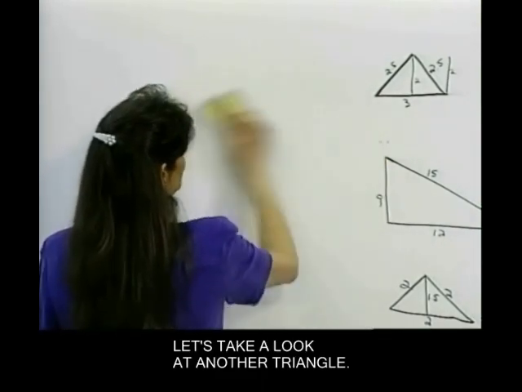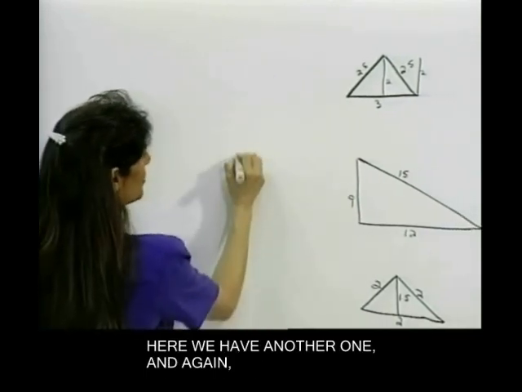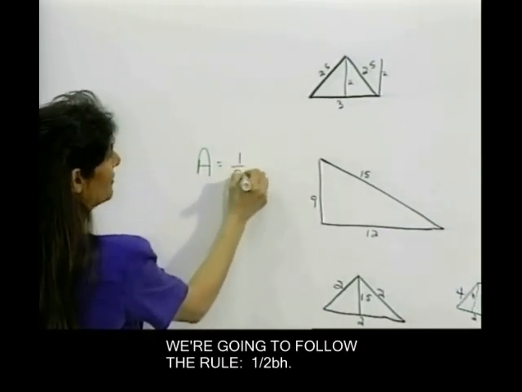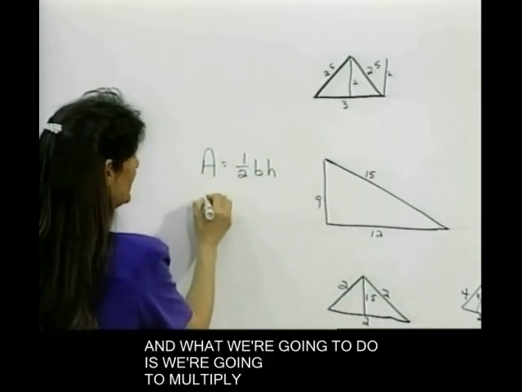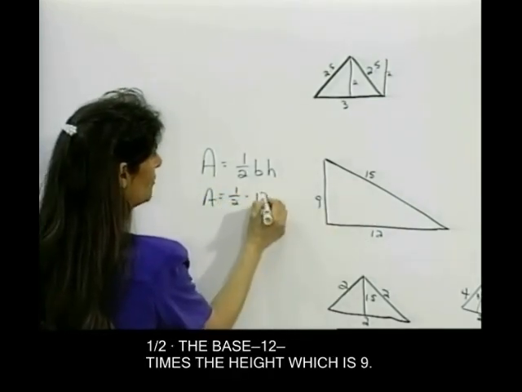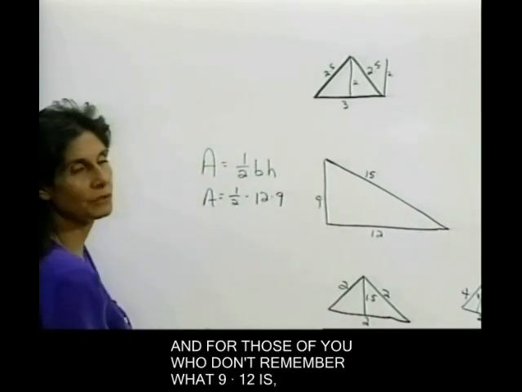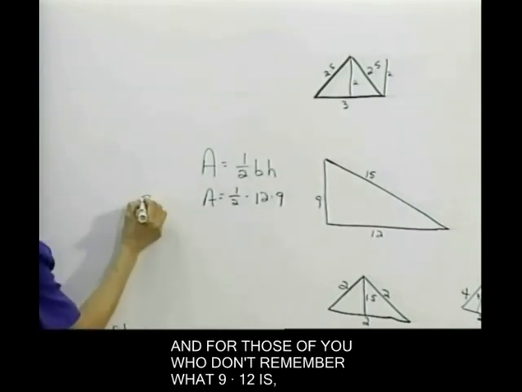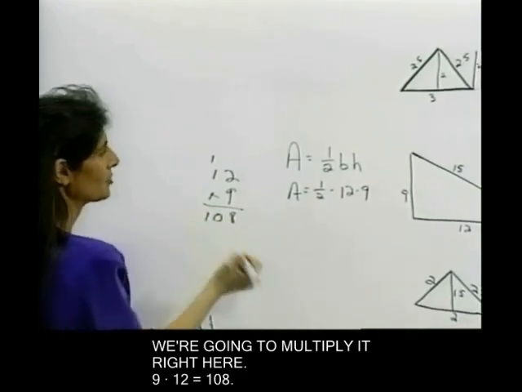Let's take a look at another triangle. Here we have another one. And again, we're going to follow the rule, 1/2 the base times the height. We're going to multiply 1/2 times the base, 12, times the height, 9. And for those of you who don't remember what 9 times 12 is, we're going to multiply it right here. 9 times 2 is 18, 108.